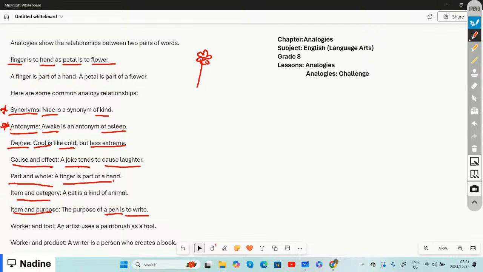And then we have worker and tool. An artist uses a paintbrush as a tool.